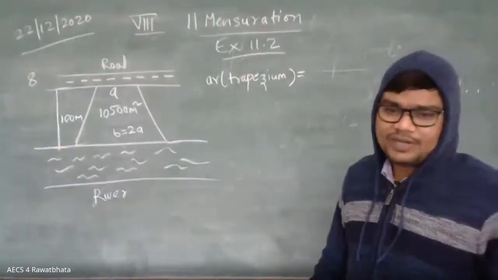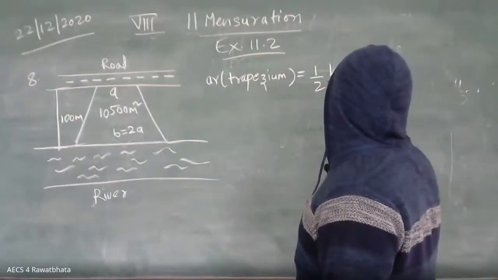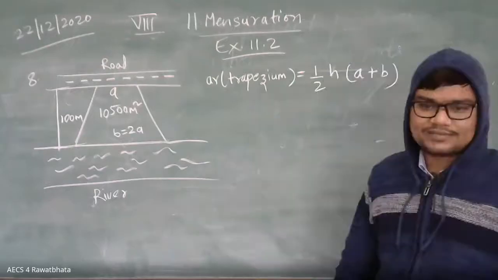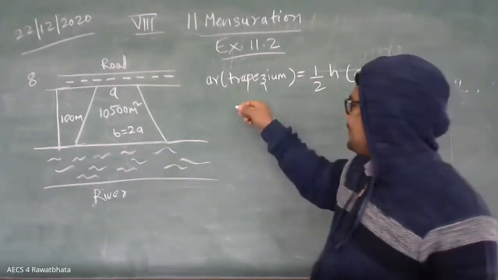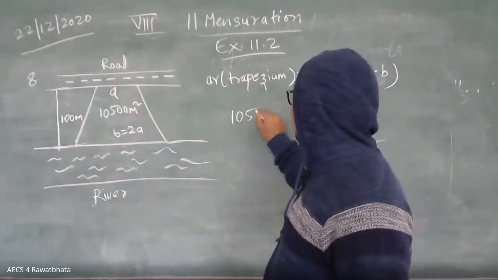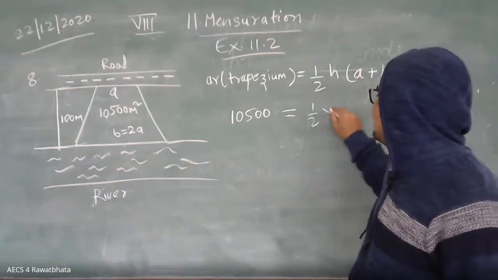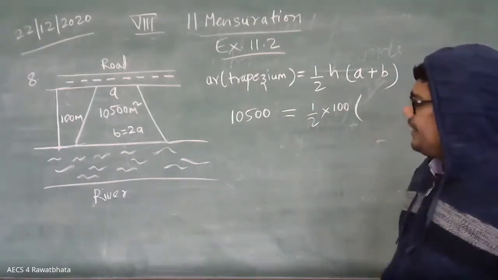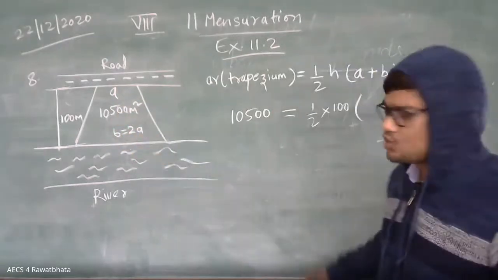So area of trapezium is half into h into a plus b, where a and b are parallel sides. The area is given as 10,500 meter square and height is given as 100, and a plus b is a plus 2a, which is 3a.